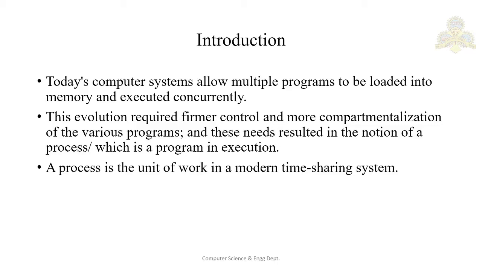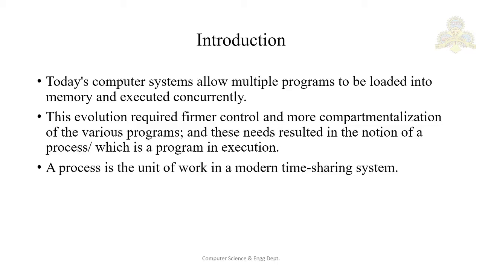Okay, now what is a process? As we had seen in the first chapter, a process is nothing but a program in execution, right? And whenever a process or program is executing, it needs resources, such as CPU, memory, files, IO devices, etc. Now, a process is the unit of work in a modern time sharing system.